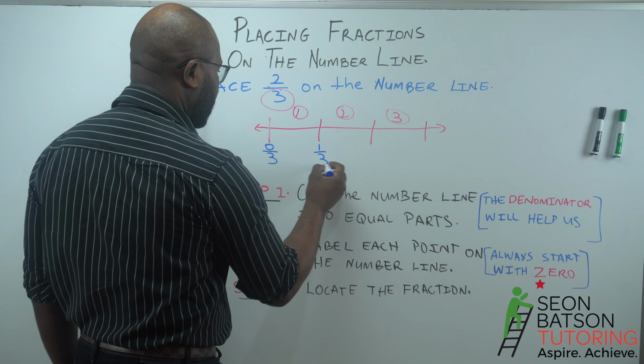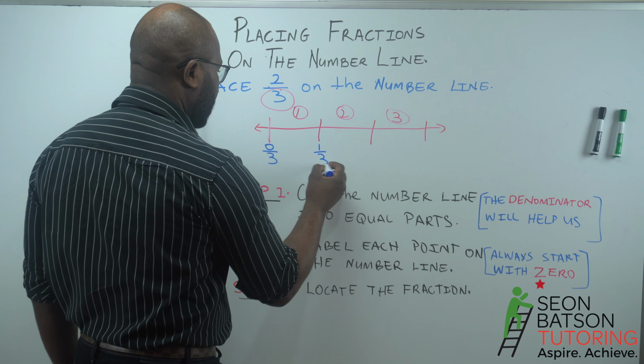We'll try to make them a little smaller this time. 1, 2, 3, 4, 5, 6, 7. So that was your first step, to cut the number line into 7 equal parts.